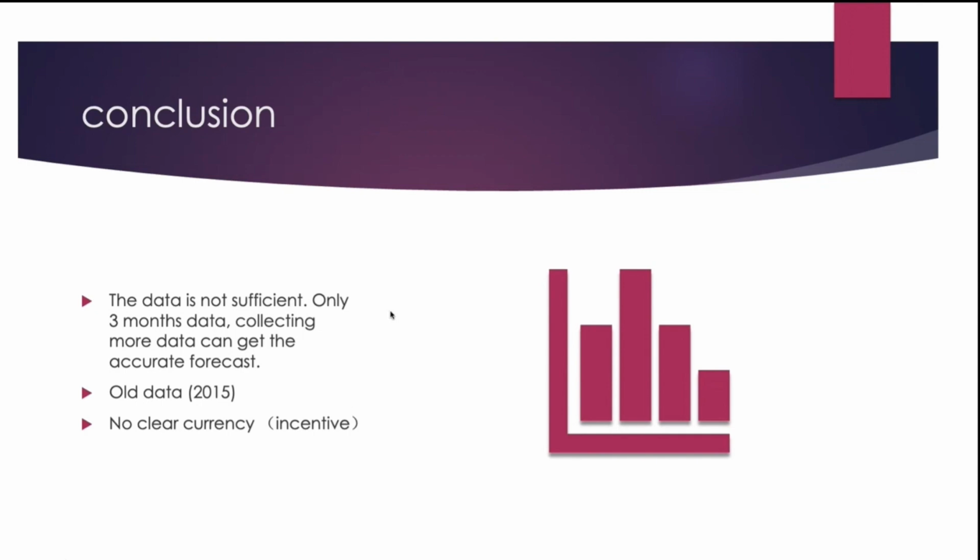As I mentioned at the beginning, the data was donated in 2020, but the data is from 2015. It was generated in 2015, but donated 5 years later. And also, there is no clear currency in the incentive.